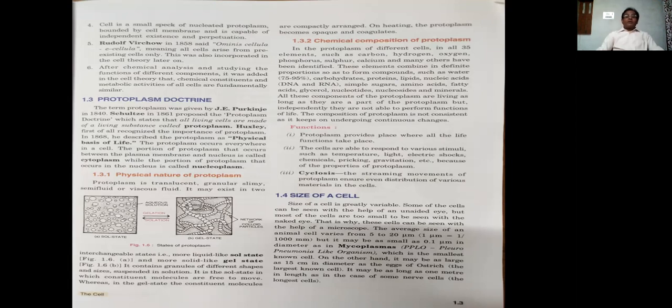And the largest cell is the egg of the ostrich, and its diameter is 15 centimeters. Very large size. Even the common egg you buy in the market is also a single cell.